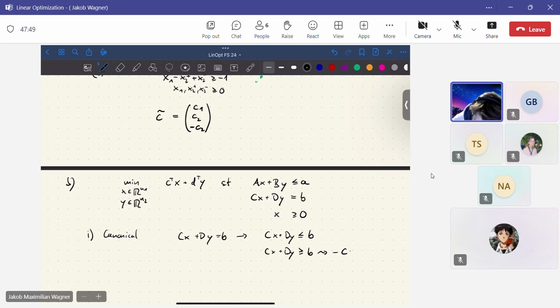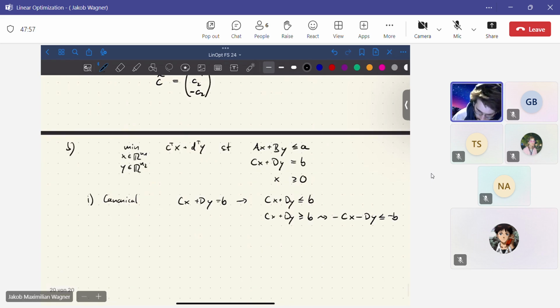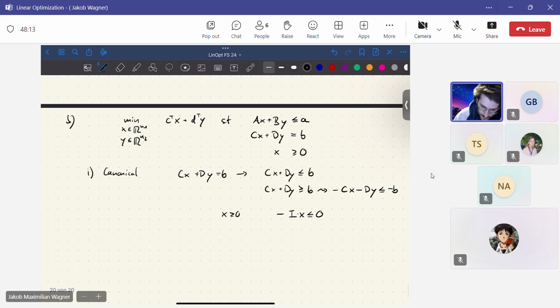So minus Cx minus Dy is less or equal than minus b. And we can also write x greater or equal to 0 as minus the identity matrix times x less or equal than 0. And so we immediately get the canonical form.